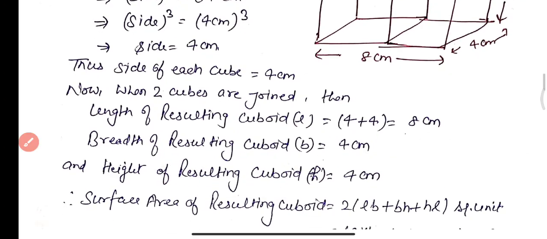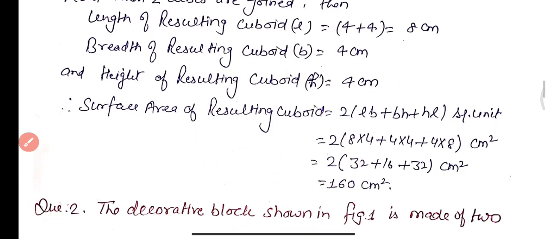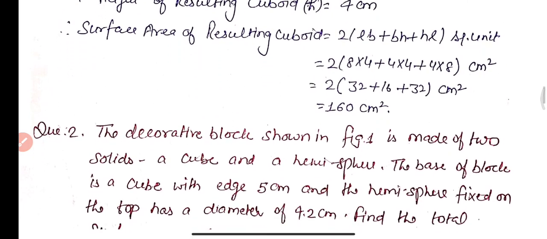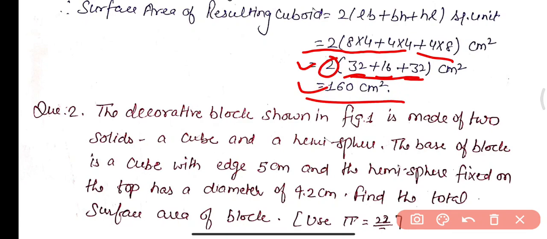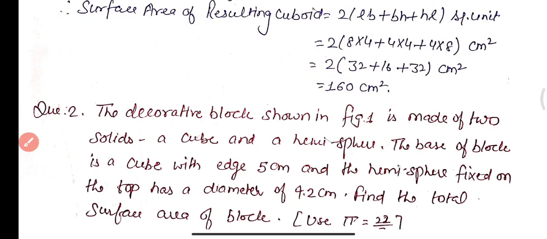So now the surface area of resulting cuboid will be 2 into LB plus BH plus HL square unit. Put all the values here. So 2 into 8 into 4 plus 4 into 4 plus 4 into 8. So this will be 2 into 32 plus 16 plus 32, and this will be 80. 80 into 2 becomes 160. So 160 centimeter square is the surface area of resulting cuboid. So now question number 2.